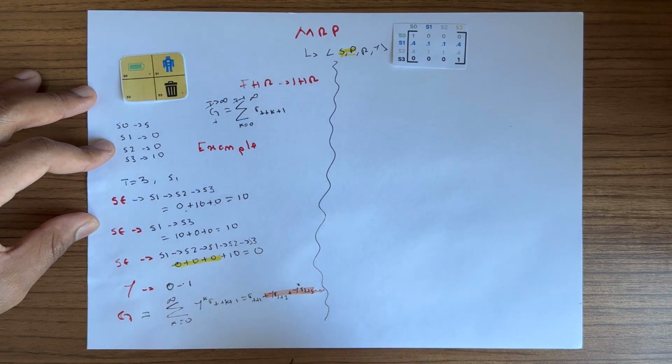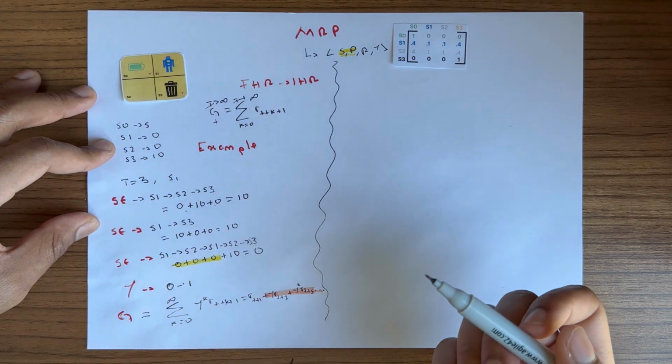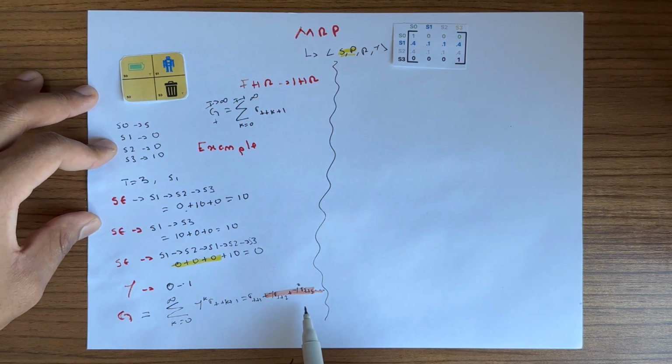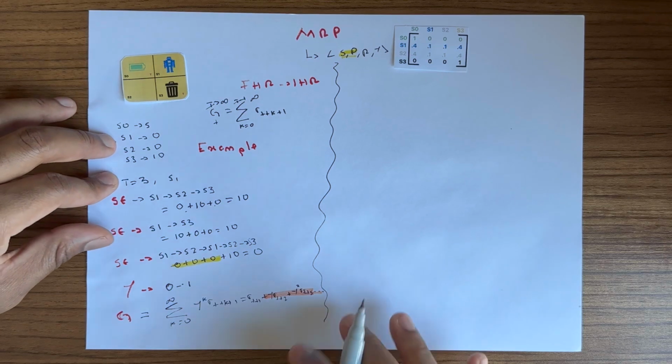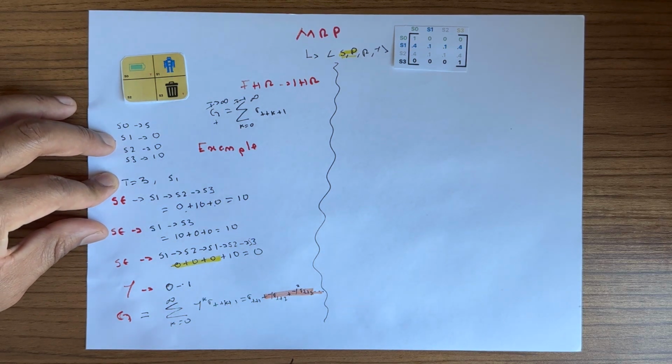When gamma is high, long-term rewards are given importance. The higher it is, the more importance we give to future states, future rewards. So this balance allows us to control how much importance we assign to the future rewards versus the present ones.